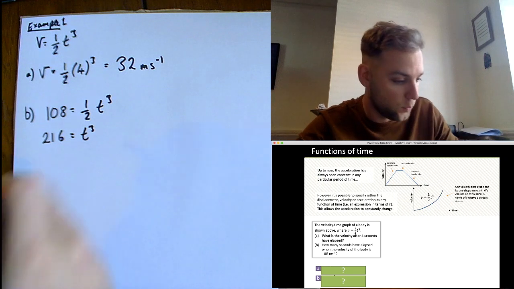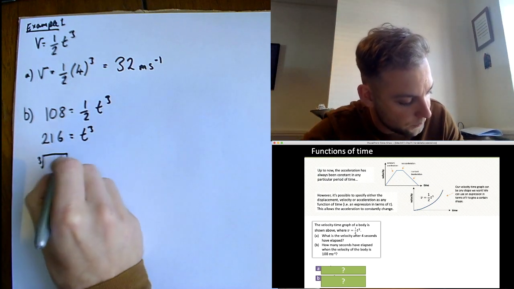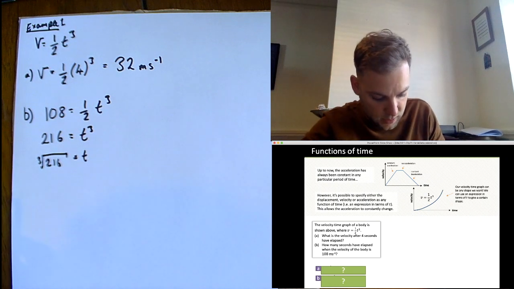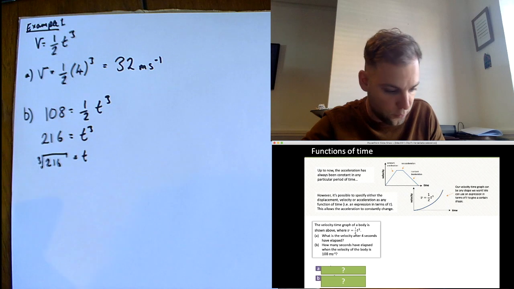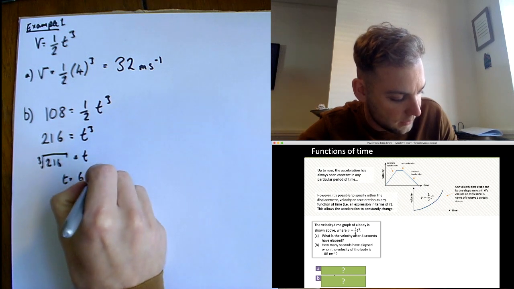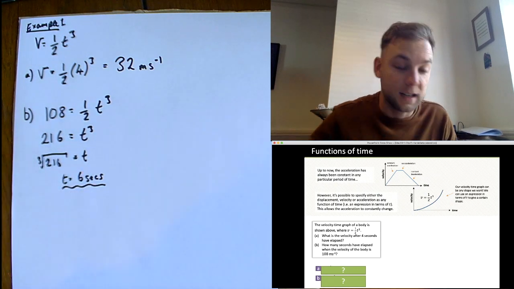To get rid of the cube, we cube root all of this. Shift cube root of 216. So t is equal to 6 seconds. And that question is done.